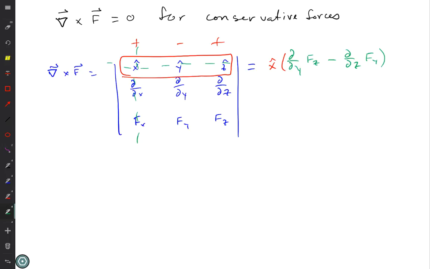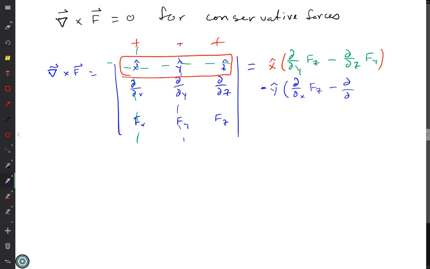So now I go to the second one. And so I'll have minus y hat, minus because of that alternating signs. And then my comatrix is going to be taking out this center row, so it's going to be d dx fz minus d dz fx.